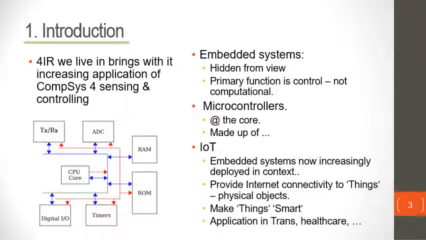So the fourth industrial revolution that we live in brings about with it increasingly many applications for computer systems which are applied in controlling and sensing. Now, these applications rely on what are called embedded systems.